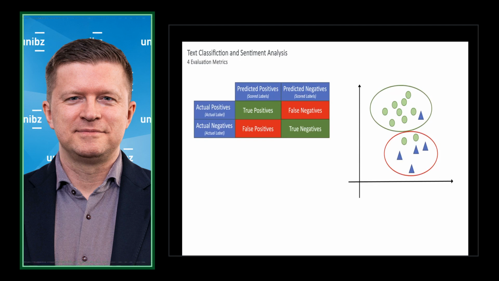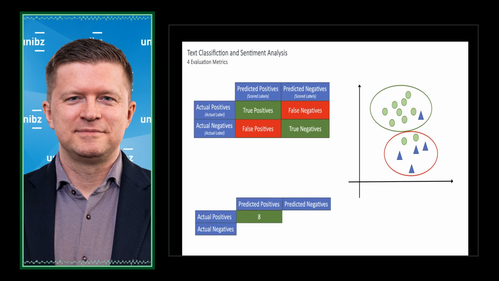So in that case, our true positives, that's all the circles inside the green line, are a total of 8, right? And all our false positives will be this one triangle inside the green line. So that's 1. Similarly, we can also calculate the false negatives, and we can also calculate the true negatives. You also sum it up across predicted and actual results.